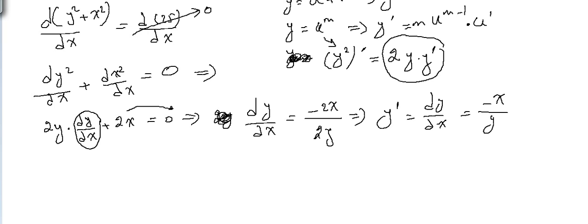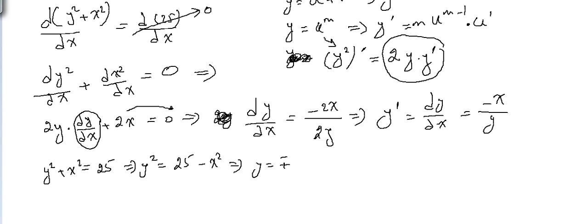We can also, if you want, substitute for y its value. First we have y squared plus x squared equal 25. This was our equation. This means y squared equals 25 minus x squared. So that gives me that y equal either plus or minus the radical of 25 minus x squared.